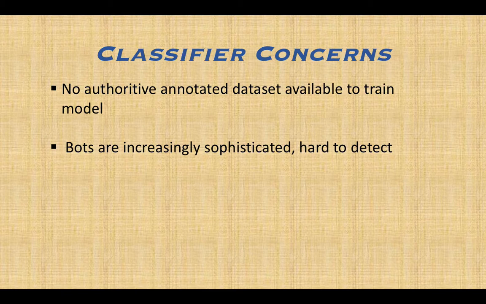Now I have concerns about my classifier. First, that I didn't have an authoritative annotated data set that was available to train the model on what was or was not a bot. Also, I had to recognize that bots are becoming increasingly sophisticated and hard to detect.